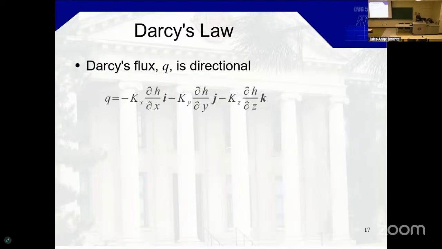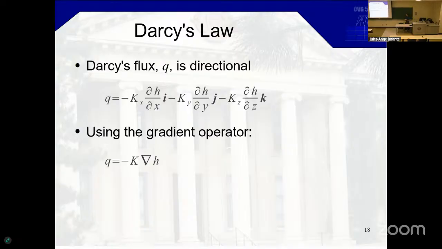So do you remember how we represented, what do we call this, the function that converts these H into Q? We gave it a name a couple of weeks ago. This is called a gradient, right? So we have the gradient represented by the Nabla operator.